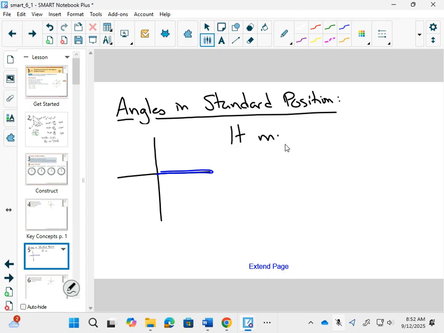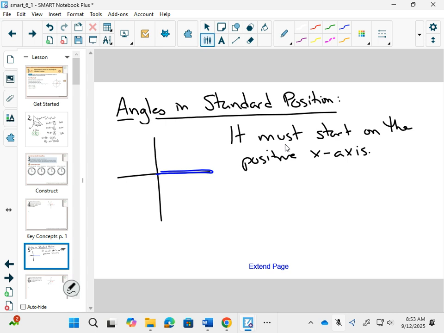It must start on the positive x-axis. If you define where something starts, then 100 degrees becomes, okay, I know where you're starting from, I can measure 100 degrees from there.